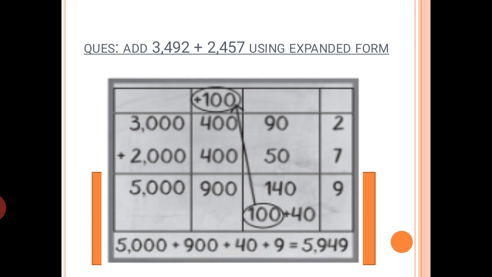So this is the way to do addition using the expanded form method. First we expand the numbers and then from the last we add up the digits in each column, beginning from ones, then tens, then hundreds and finally thousands, and whatever the answers are, we add them up at last and reach the final answer.